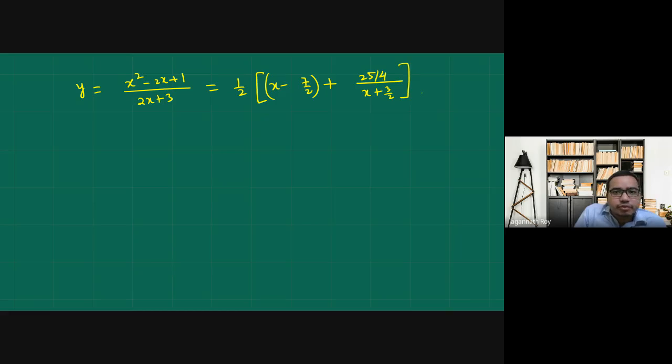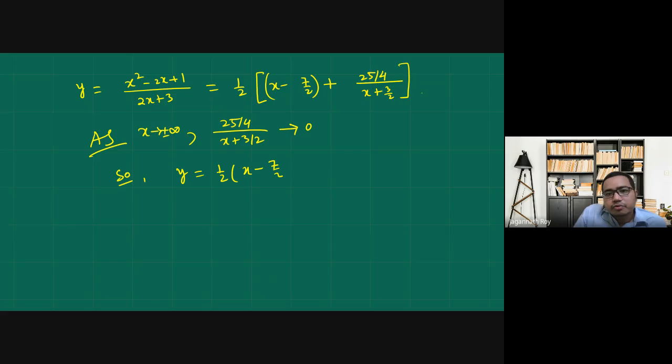Now as x tends to plus or minus infinity, the term 25 by 4 over x plus 3 by 2 goes to 0. So y equals half of x minus 7 by 2 is an inclined asymptote.